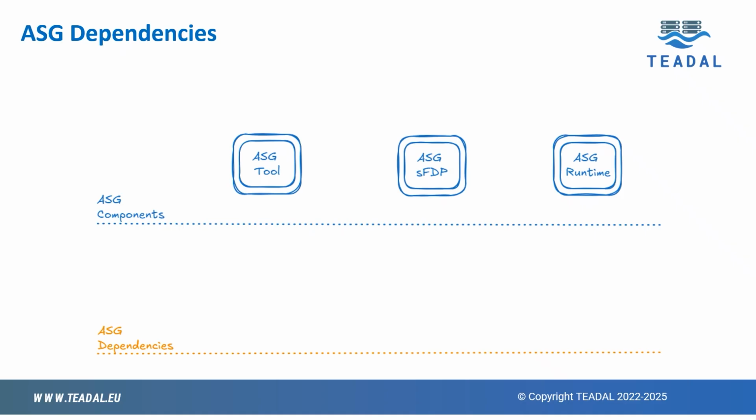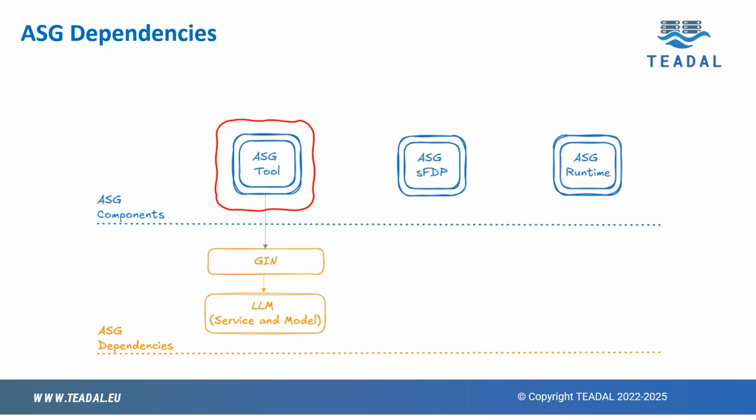Some are required at sFDP generation time, some others at runtime of the generated sFDPs. At sFDP generation time, the ASG tool depends on the Gene library for generating the data fetching and transformation plan for every sFDP endpoint. The Gene library in turn depends on an LLM inference endpoint equipped with the compliant model.